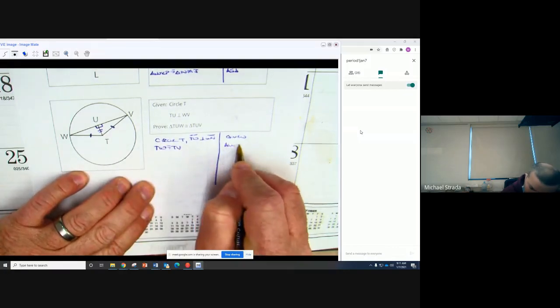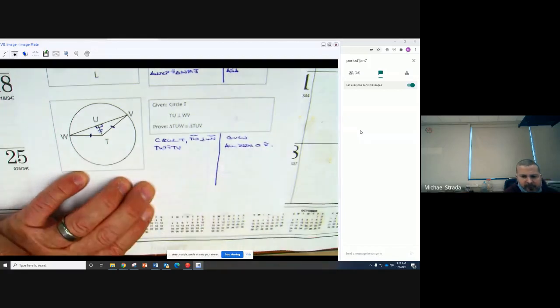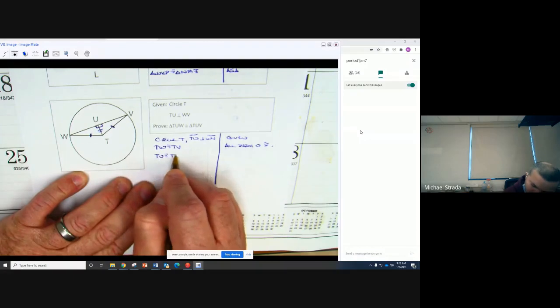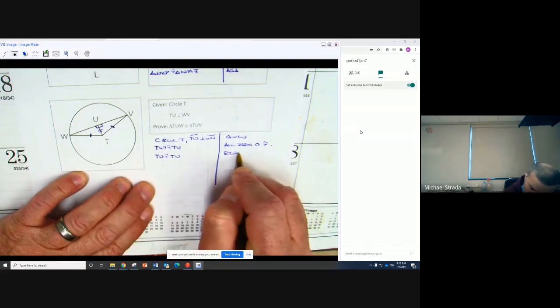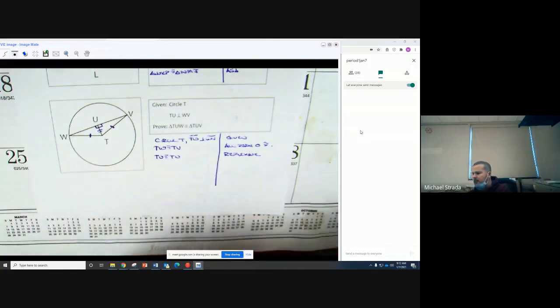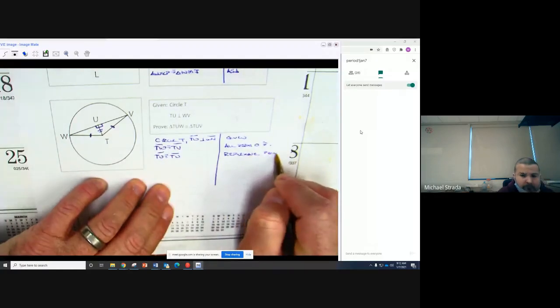All radii of a circle are congruent is the most concise way of saying it. TU is congruent to TU by our friend the reflexive property. All right.